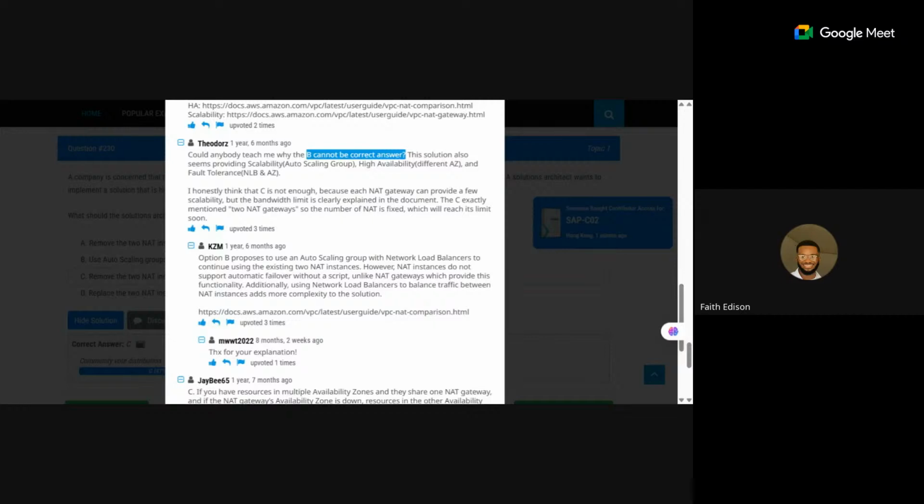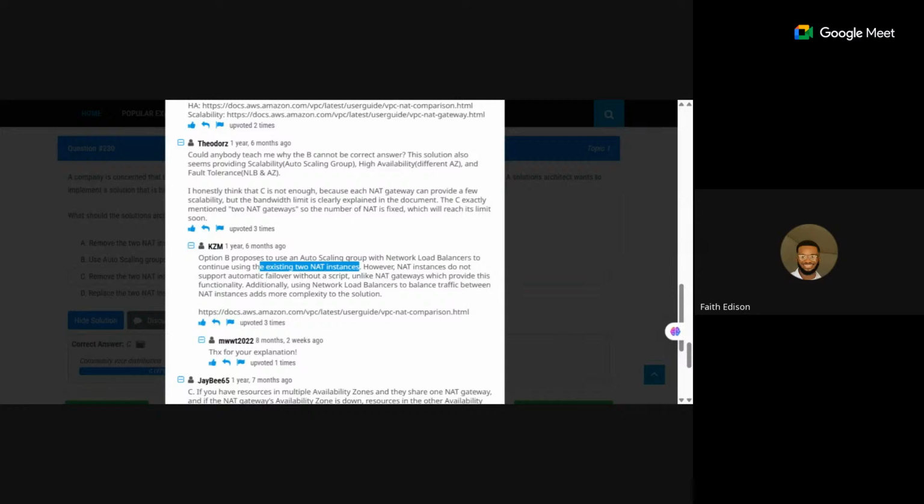Option B proposes to use auto scaling with network load balancers to continue using the existing two NAT instances. However, NAT instances do not support automatic failover without a script, unlike NAT gateways, which provide this functionality.